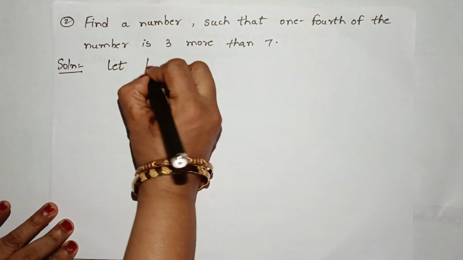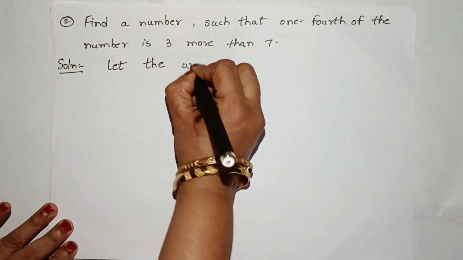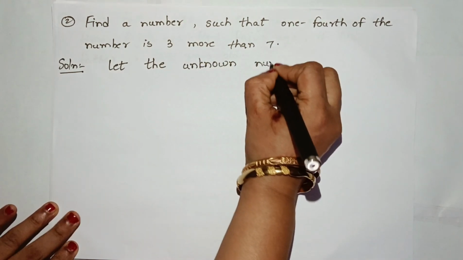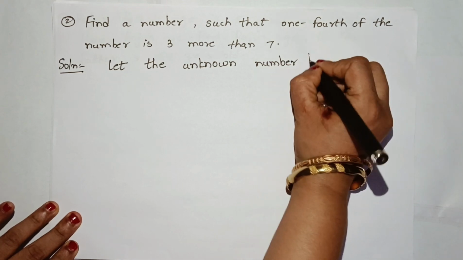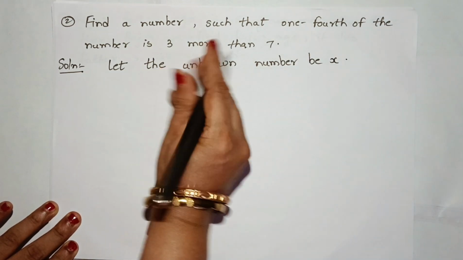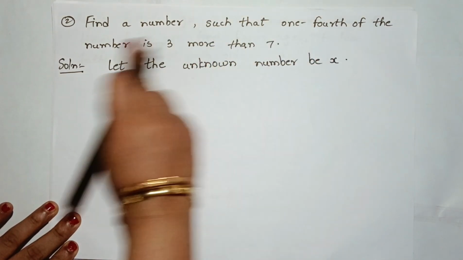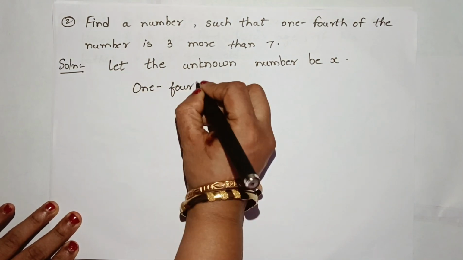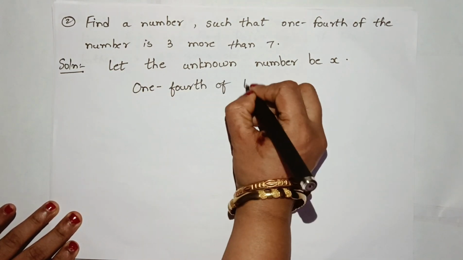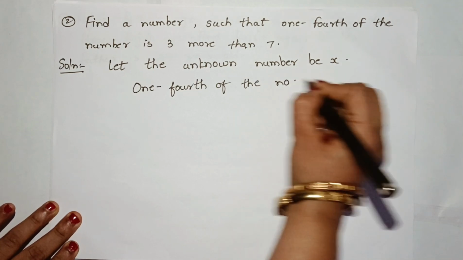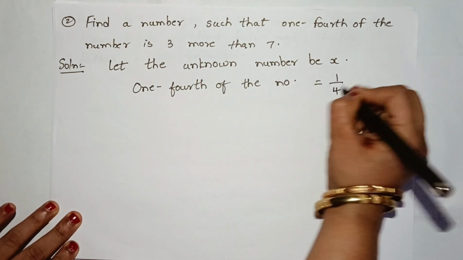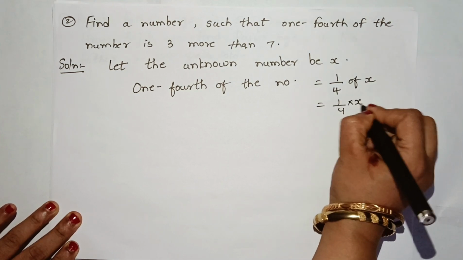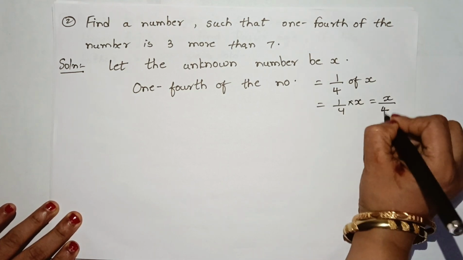Let the unknown number be x such that 1/4 of the number. 1/4 of the number means 1 by 4 into x, that is x by 4.